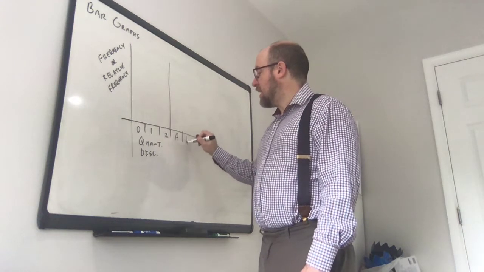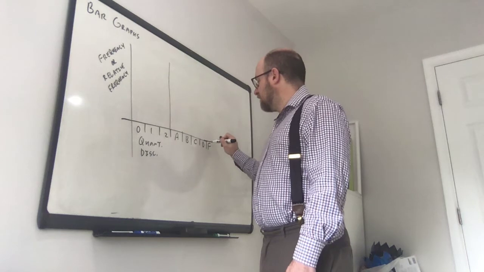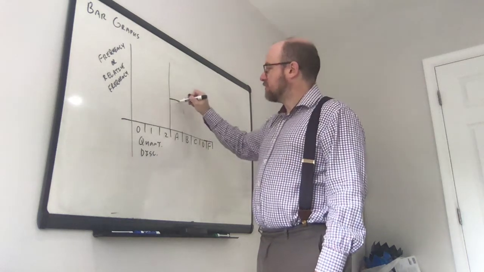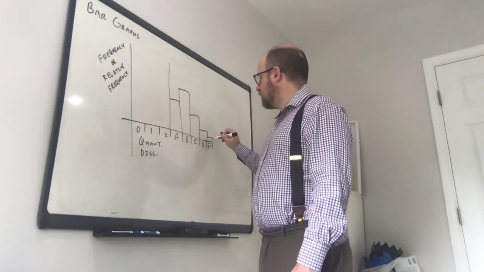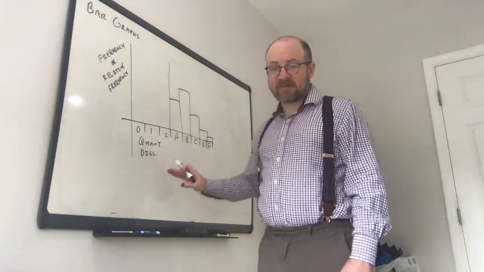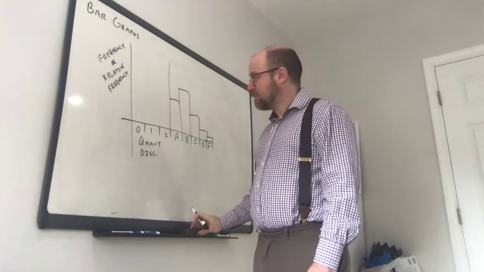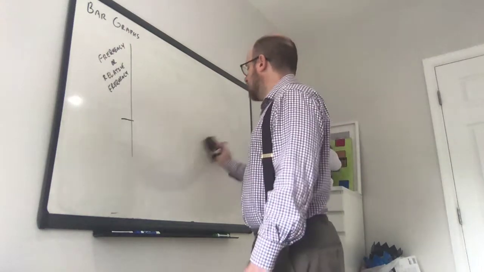And so it might have A, B, C, D, F. So your bars can correspond to values of qualitative data on the x-axis as well. Okay? And we can even do quantitative continuous data.